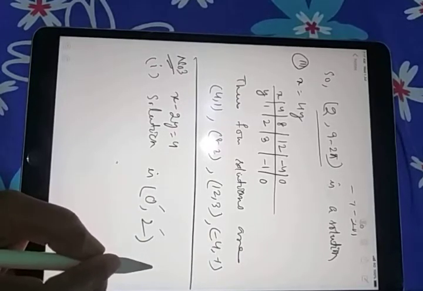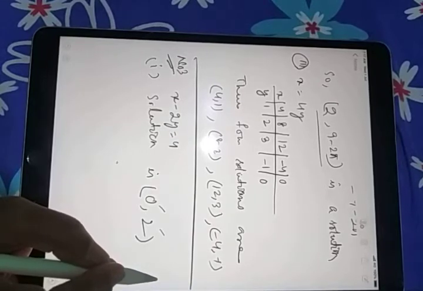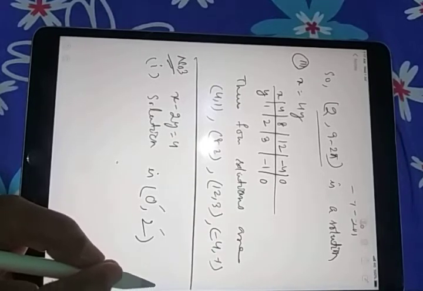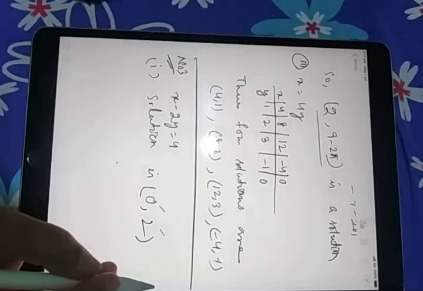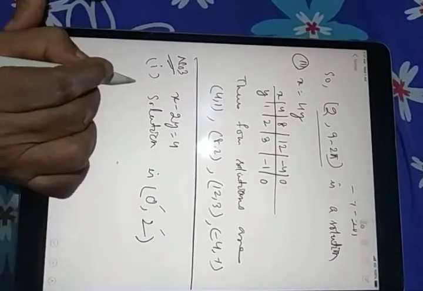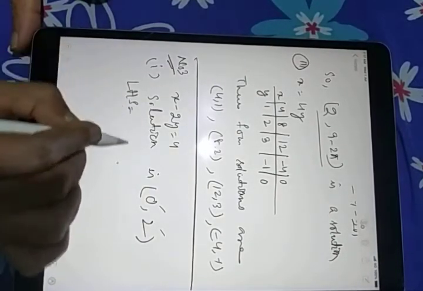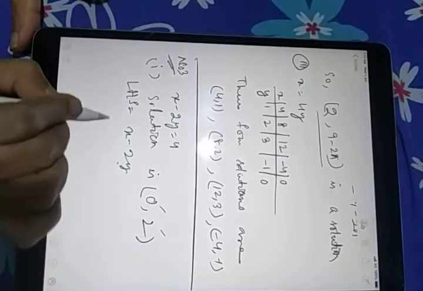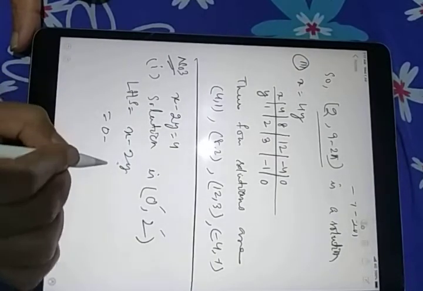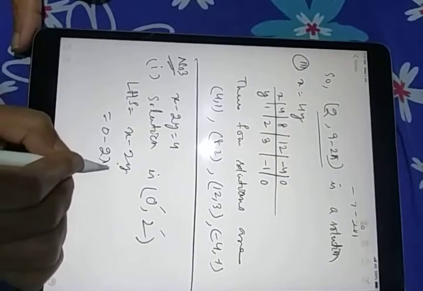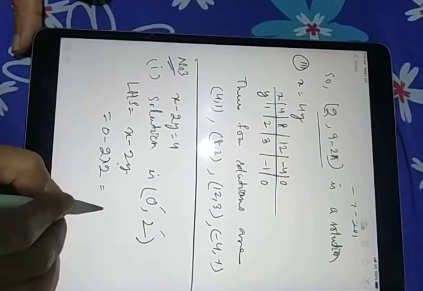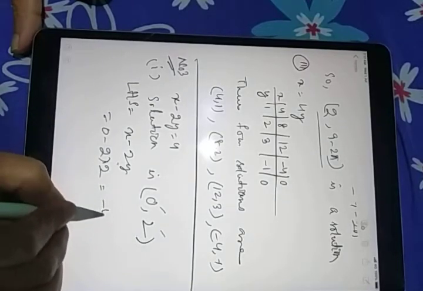If it will be equal to RHS, then we will say that yes, these are the solutions of the equation. So LHS equal to x minus 2y equal to 0 minus 2 into 2 equal to minus 4.